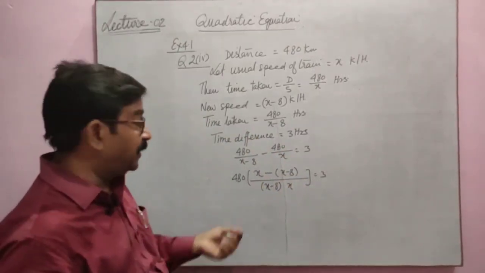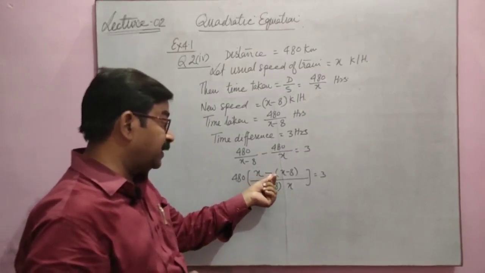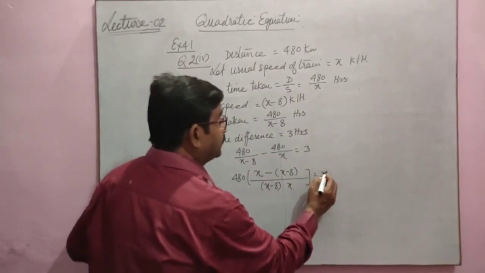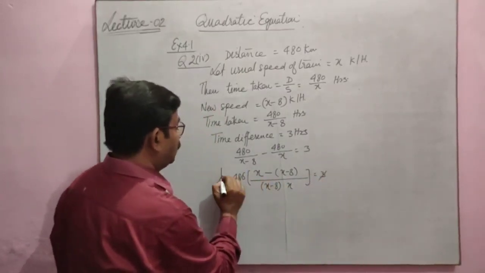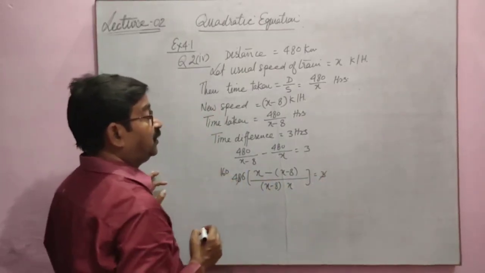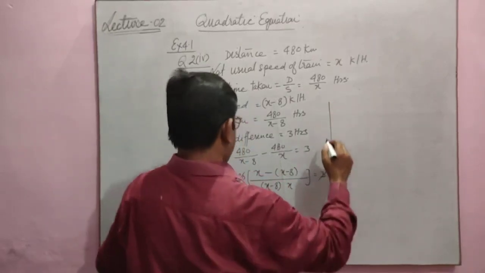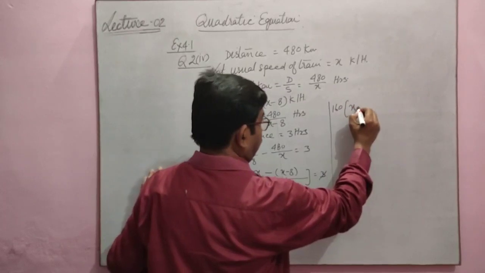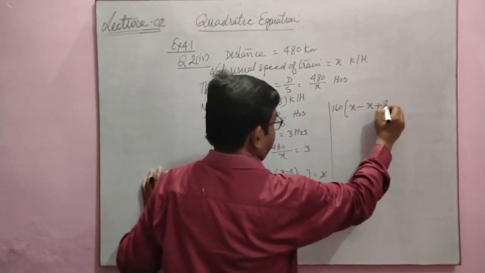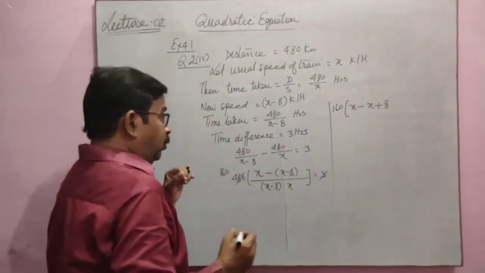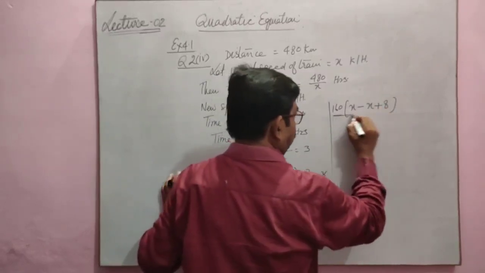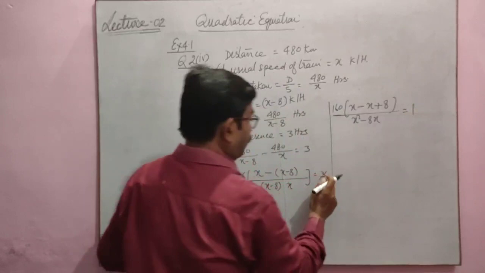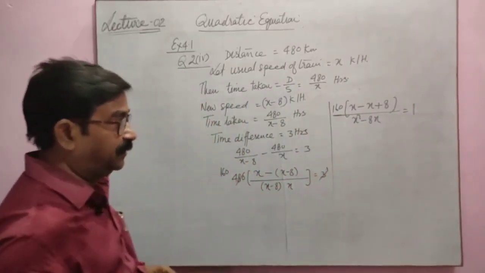I am writing it in a bracket so that the sign can change, the negative sign inside the bracket. Now you can divide this. See, 3 sixteens are 160 here. Now simplify this: 160 into the bracket x − x + 8, upon x² − 8x, is equal to 1, because we have divided: 3 ones are 3.